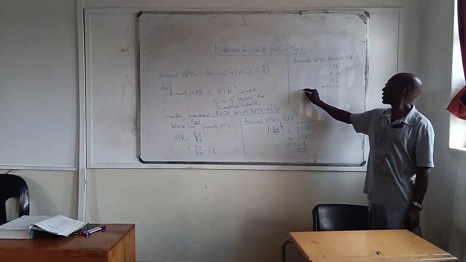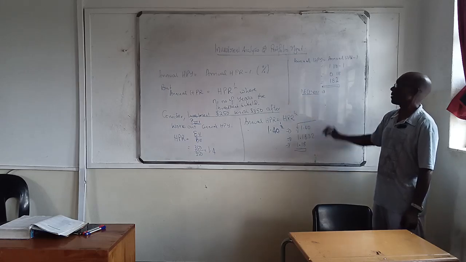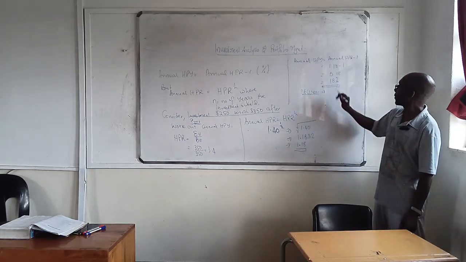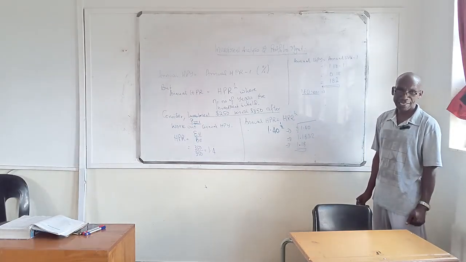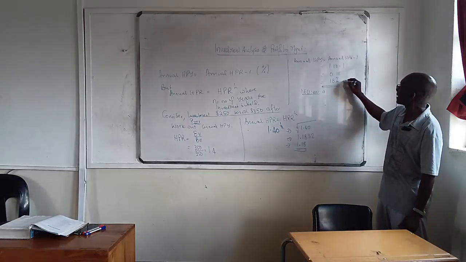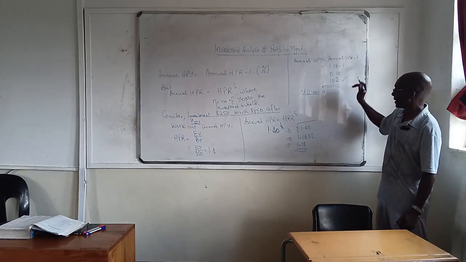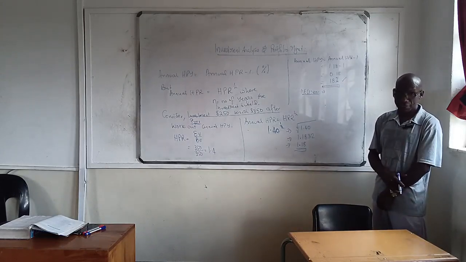So here, decision. What decision can you give to your client, having a return of 18%? If your annual HPY is 18%, that was a profit, that was a return.